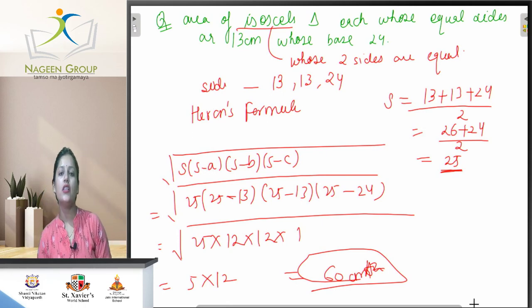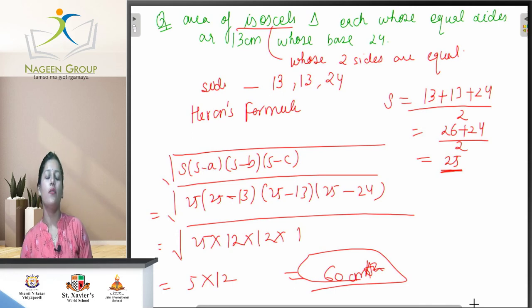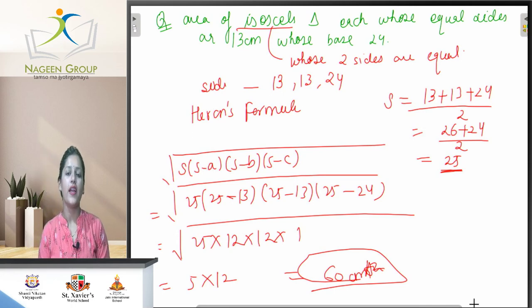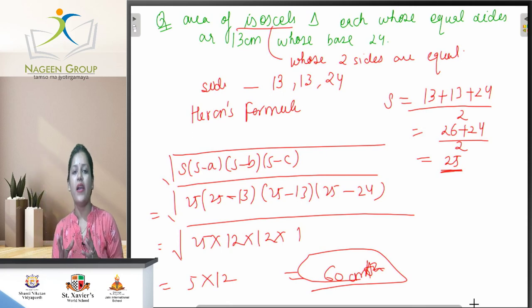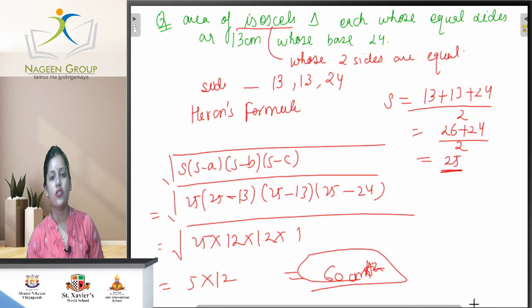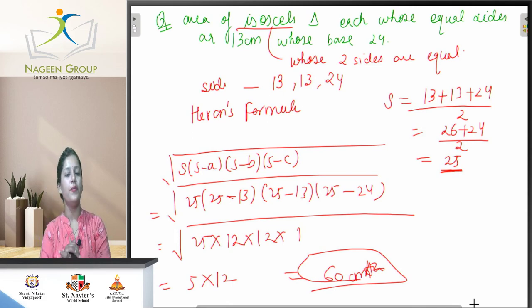First, what is Heron's formula? Heron's formula is used to find the area of a triangle when all the sides are different. In the same way, we are using the perimeter as well as the semi-perimeter. Semi-perimeter is half of the actual perimeter. Perimeter is the sum of all the sides. So semi-perimeter is half of the perimeter.